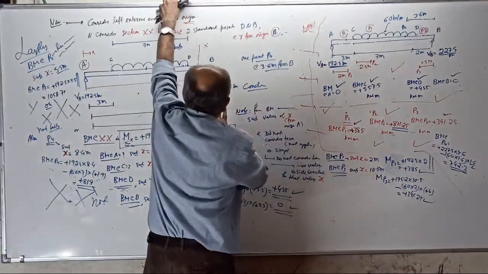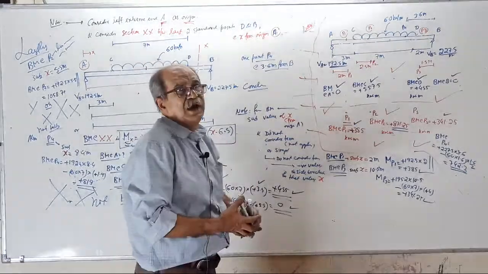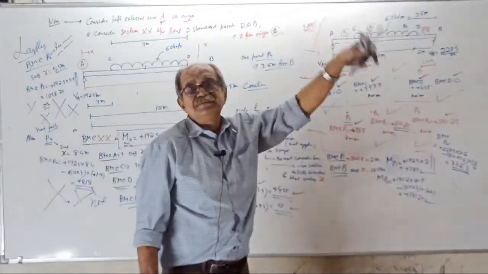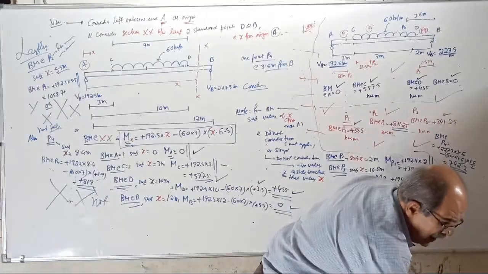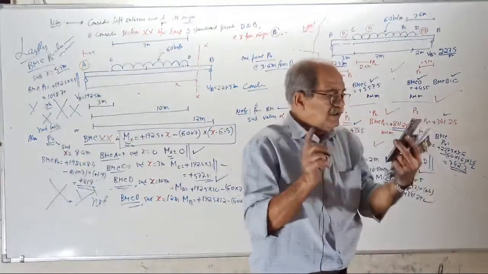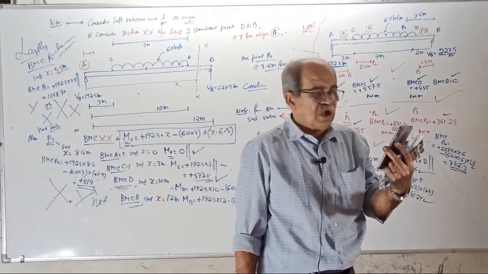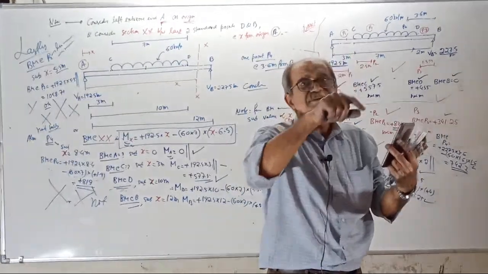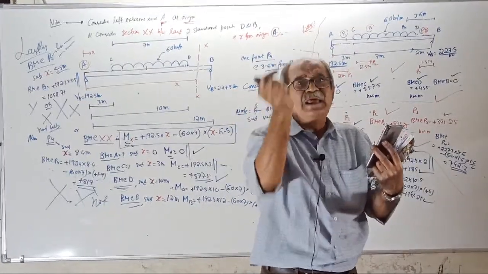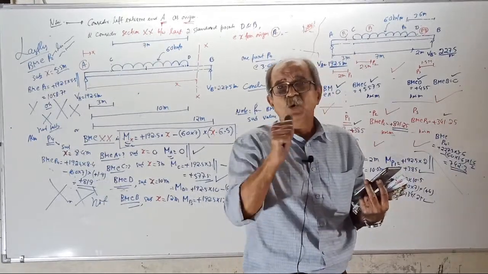So, our equation will not give the correct answer if you consider a point which is somewhere in the UDL. Yes or no? It will give a wrong answer for those points which lie somewhere inside the UDL. Yes. Therefore, what to do?